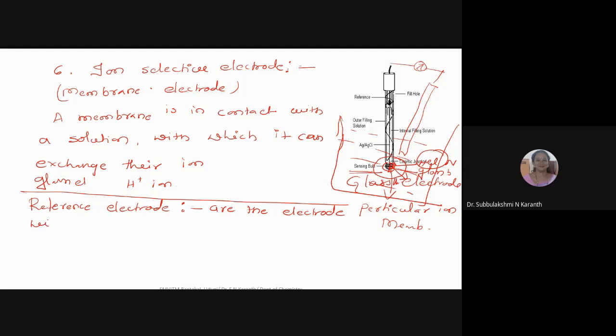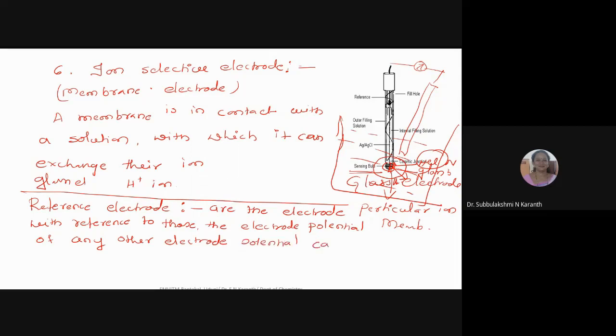How do we define it? The reference electrodes are the electrodes with reference to which the electrode potential of any other electrode can be measured.